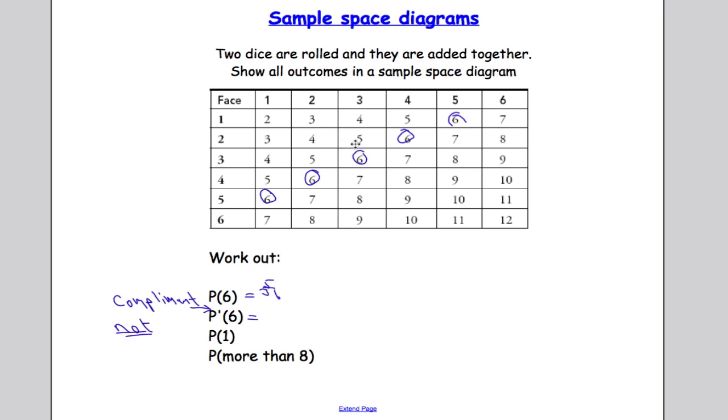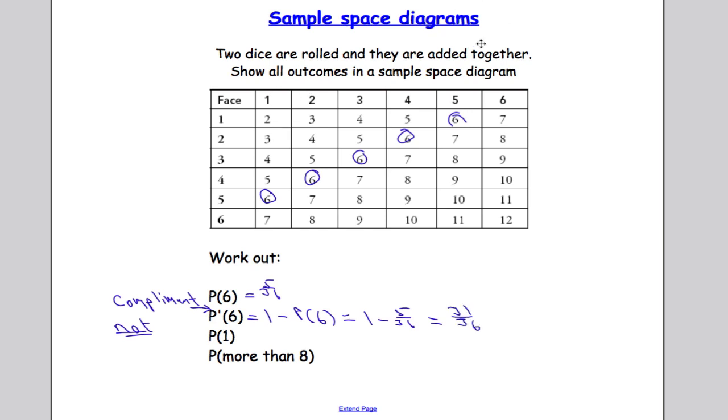One way is to add up all of the rectangles that are not 6s and then put them over 36. Another quick way of doing it is knowing that the probability of not getting a 6 is the same as 1 minus the probability that I do get a 6, which is going to be 1 take away 5 out of 36, which is simply 31 out of 36.